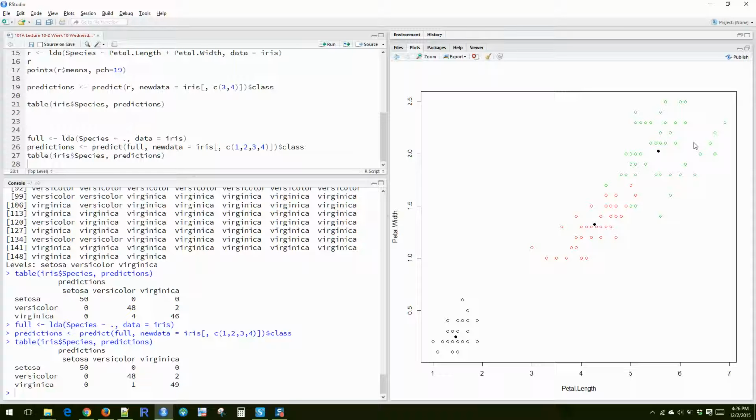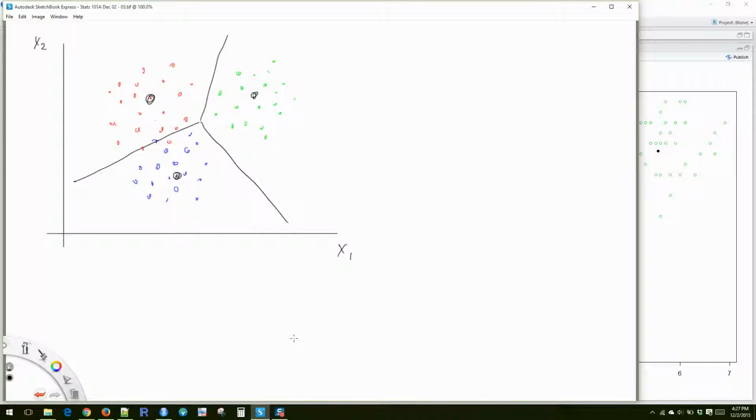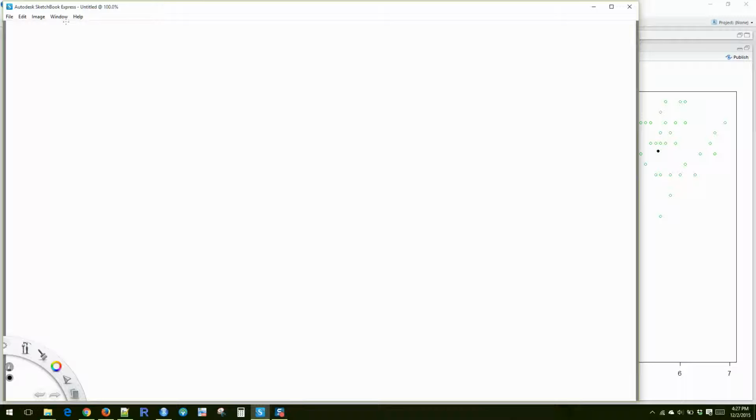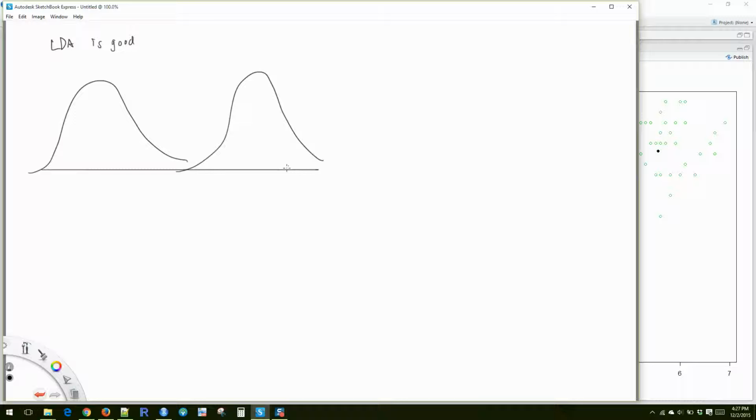variance. So for example, let's say, okay, so I'll say LDA is good if you've got group 1 here and group 2 here. This is a good situation.